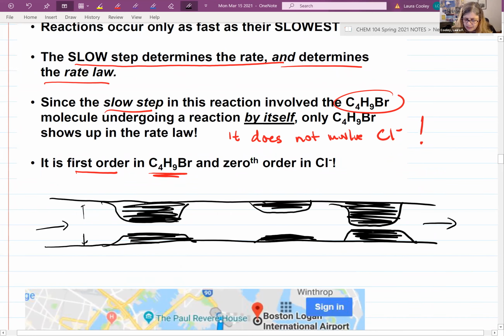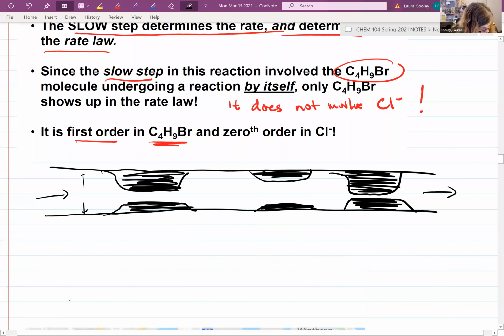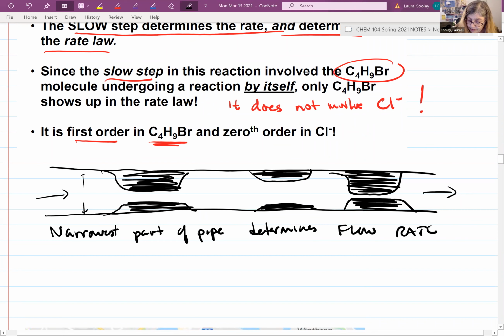It's this width. So the rate determining part of this pipe is the part that's the narrowest. The narrowest part of the pipe determines the flow rate. So this is like the rate determining part.